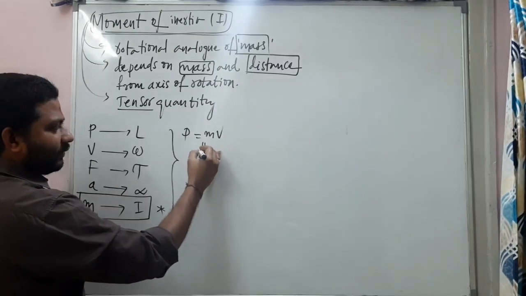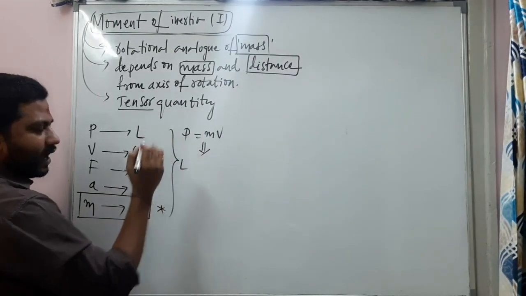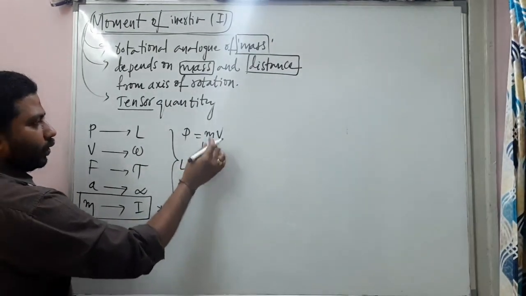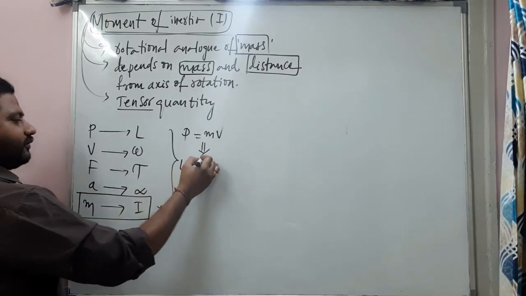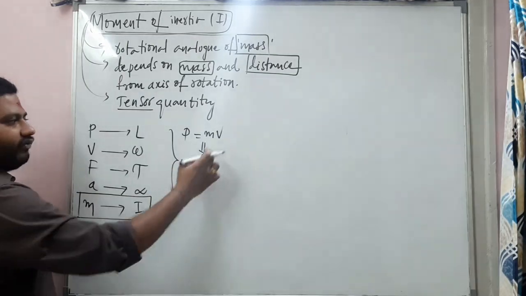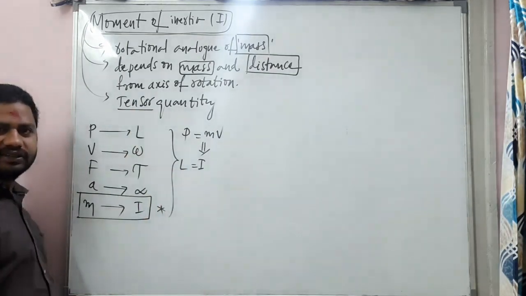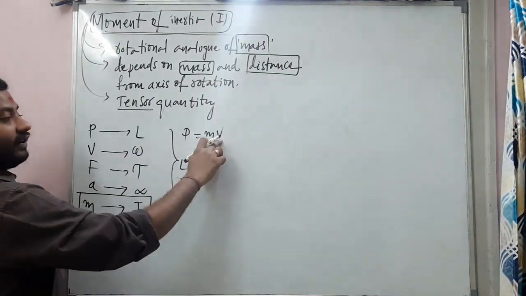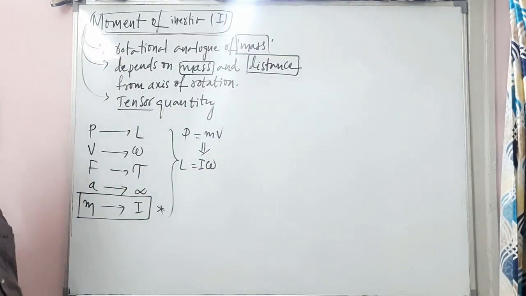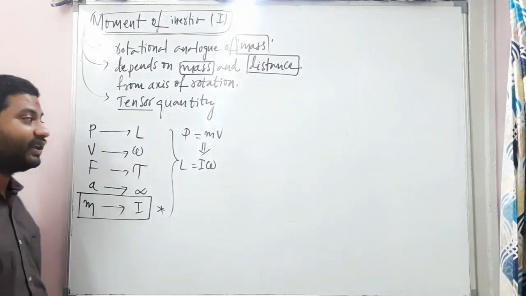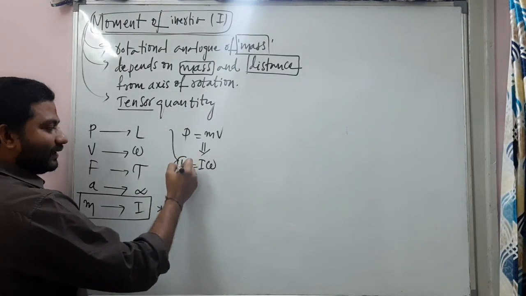What's angular momentum from here, my dear students? P becomes L, mass becomes I, and velocity, linear velocity, becomes angular velocity. L is equal to I omega. Understand? Very, very, very important.